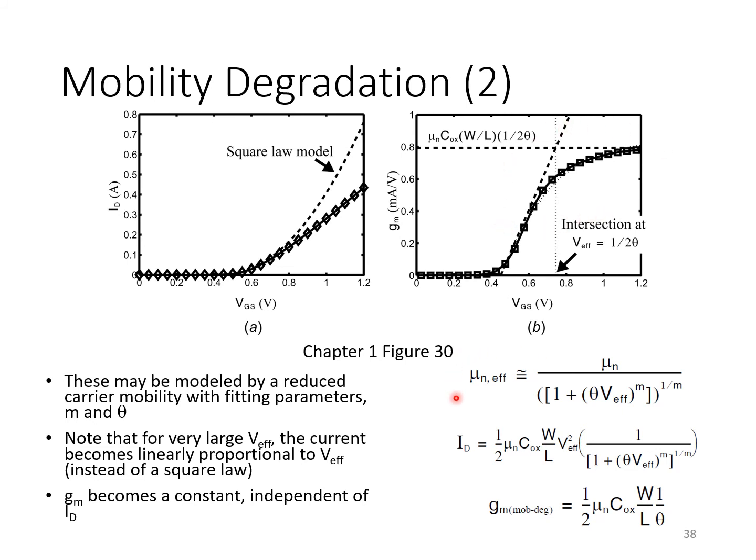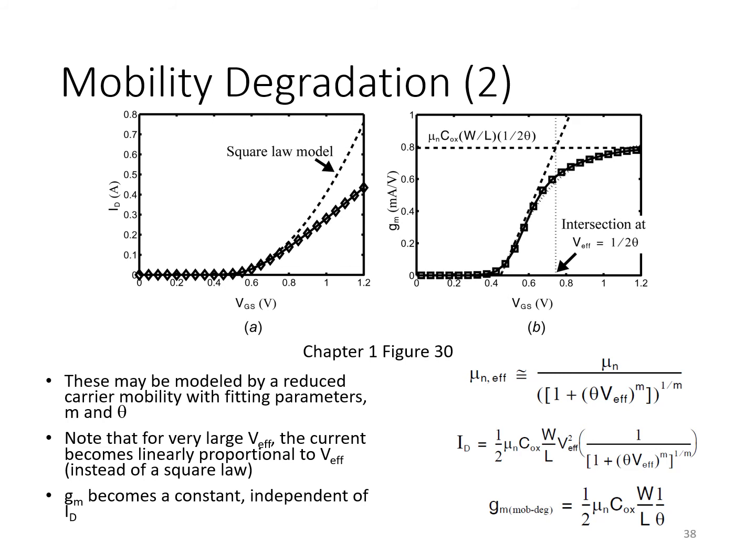And this equation here predicts that at very large values of V effective, this term here will predominate in the denominator, and you'll end up with an effective carrier mobility that's inversely proportional to V effective. As a result, that'll basically cancel one of the V effectives here in the numerator in the expression for drain current, and you arrive at a linear relationship between drain current and V effective in the limit of very large values of V effective.